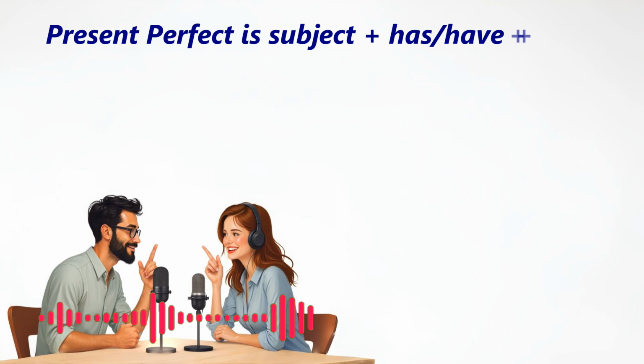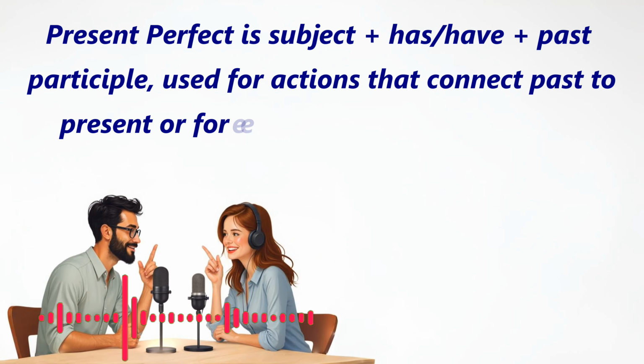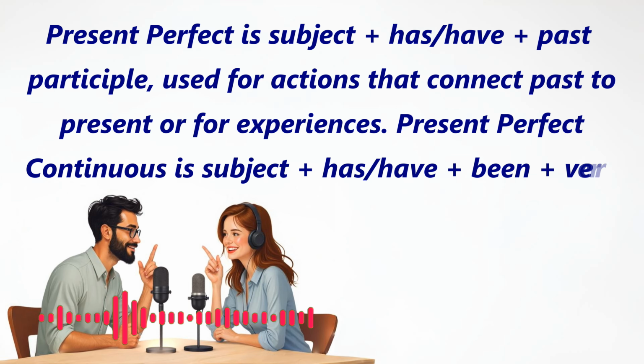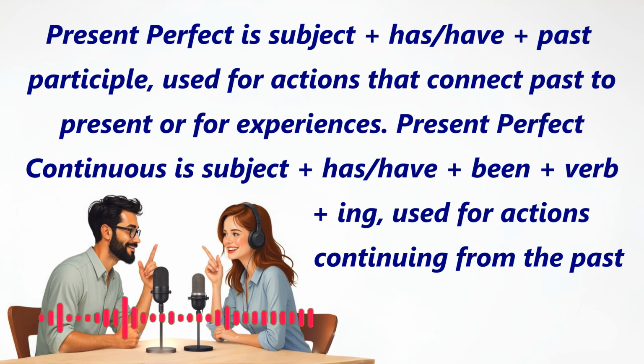Present perfect is subject plus has, have plus past participle, used for actions that connect past to present or for experiences. Present perfect continuous is subject plus has, have plus been plus verb plus ing, used for actions continuing from the past until now.